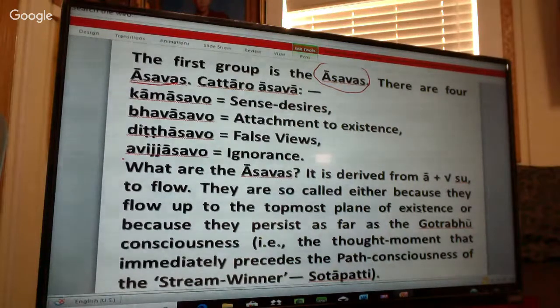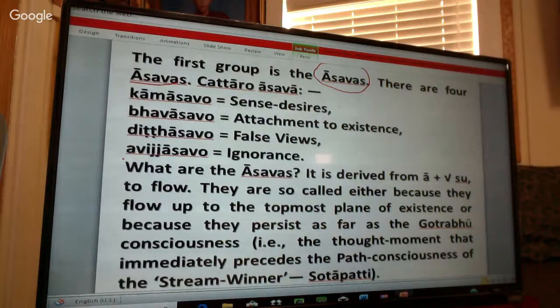That means may I be free from attachment, may I be free from wrong view, may I be free from ignorance. Okay, so first step, we remember 4 kinds of asava: kama soa, bhava soa, ditthi soa, avijja soa.